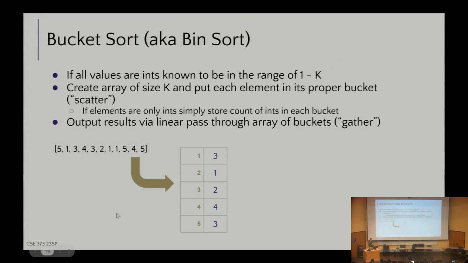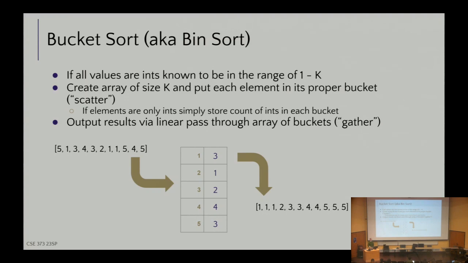So then, to produce a sorted order, I just loop back over this array and print out 3 1s at the beginning. And then I print out 1 2, and then 2 3s, and so on and so forth. So I can just reproduce those values by looping over my buckets in the inherent sorted order. And that's the key to this bucket sort.